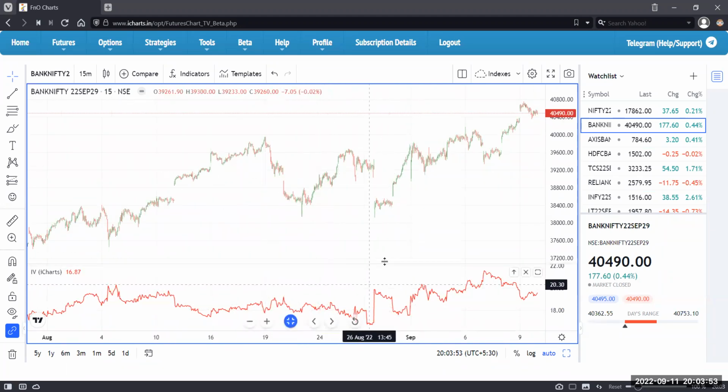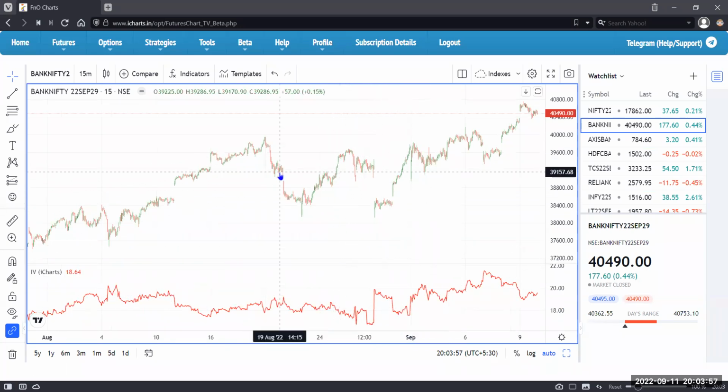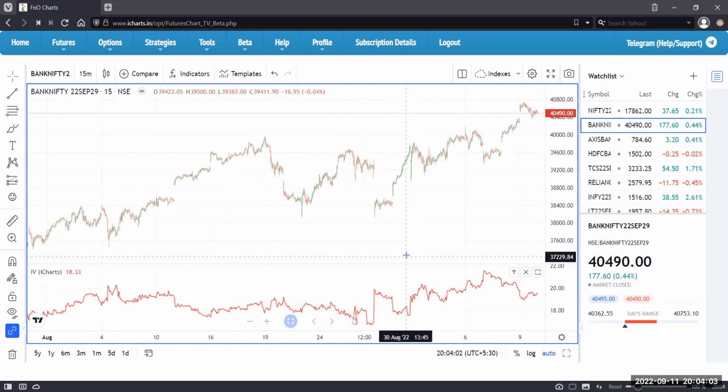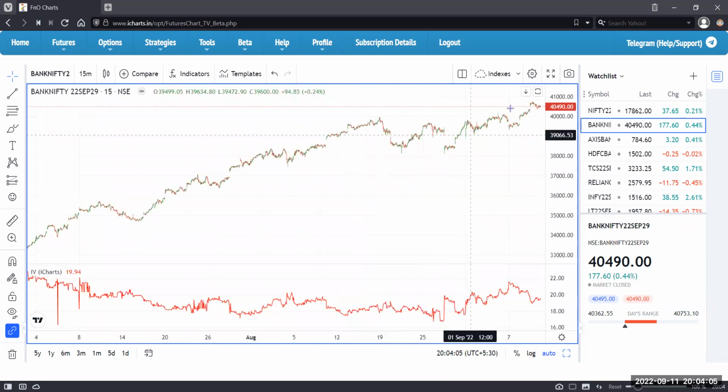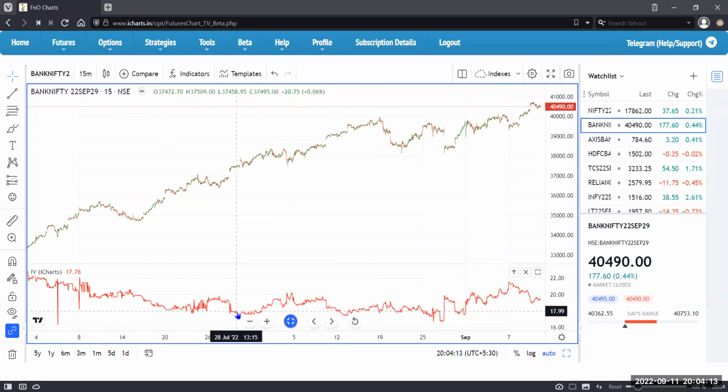Whenever there is a top, the volatility would have been significantly down. This particular example may not be good because in general the price has gone up over here, and the volatility is mostly sideways or rather down, and only over here it has ticked up a little bit.